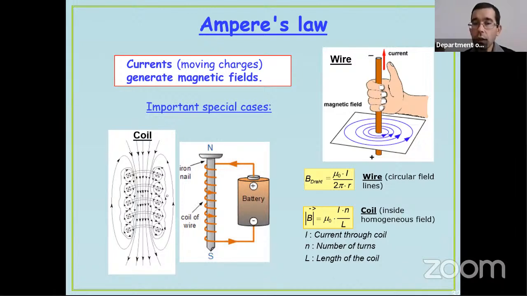As you see, the larger the current within a wire, the larger the magnetic field, and the further we go from the wire, the less the magnetic field. And beside the factor 2 pi, we have another constant here, this mu zero.